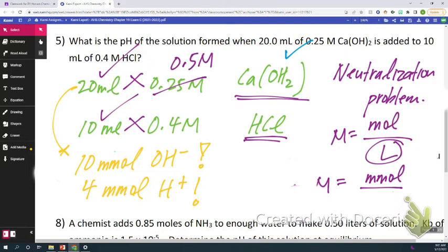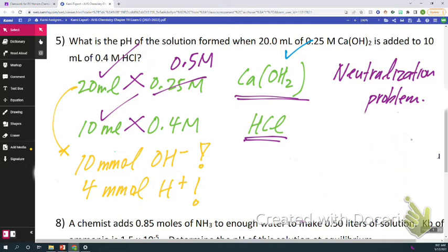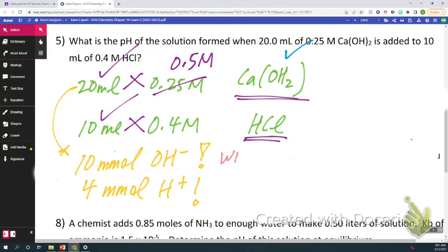Yeah, I think these problems were the hardest ones of the test. So who won? You have 10 millimoles of OH minus, right? So OH minus wins. Winner. And it won by 6 millimoles. So they're going to knock each other out, it's a neutralization. So you end up with 6 millimoles left over.